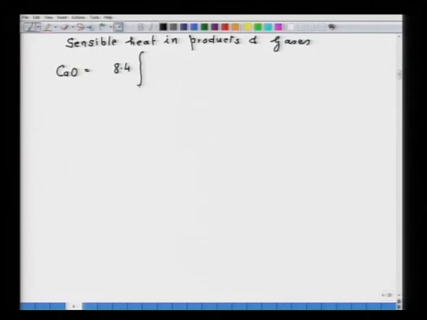Let me integrate from 298 to 1173 Kelvin, 49.662 plus 4.519 into 10 to the power minus 3 T minus 6.945 into 10 to the power 5 upon T square. This I have to integrate dT.